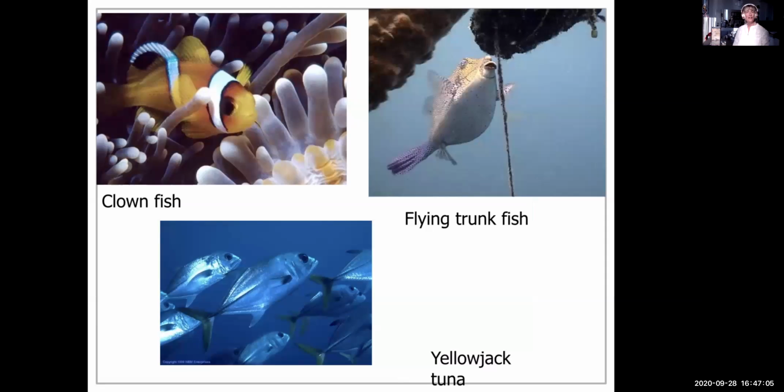So you recognize a fish as soon as you see it. You'd recognize a clownfish, flying trunkfish, a yellowjack tuna. What gives it away? What for you says, oh, yeah, this is a fish and not something else? They're very diverse. They're very numerous.